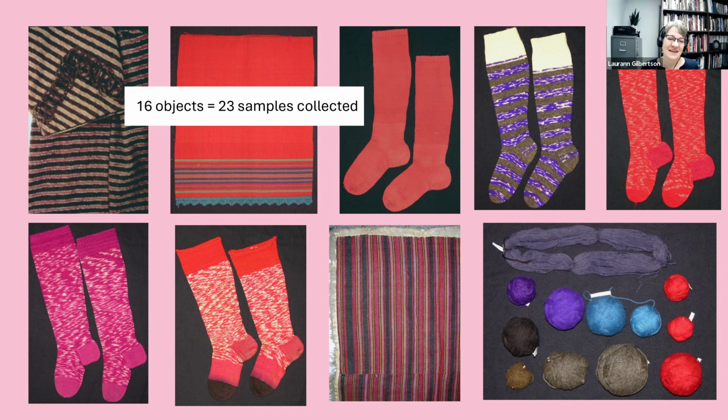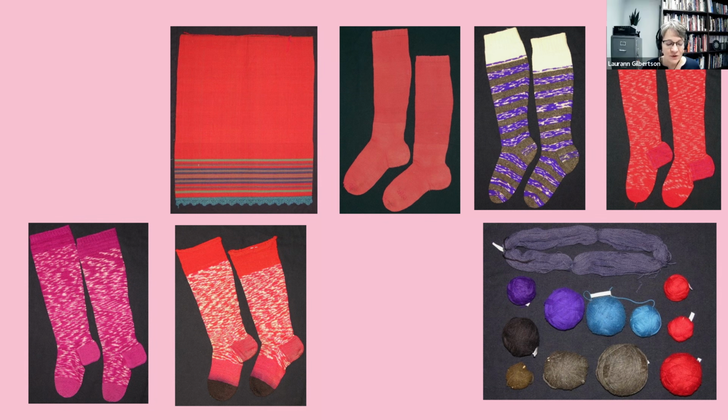The rest of the pieces here on your slide come from one family. This is a family that had come from Gudbrandsdal in eastern Norway to southwestern Minnesota in 1867. And it was a mother and a father and two of their four children. We know that the mother had a spinning wheel that she brought with her.